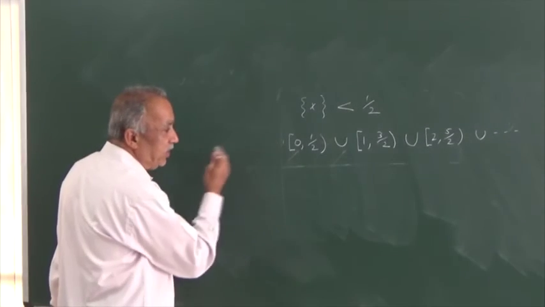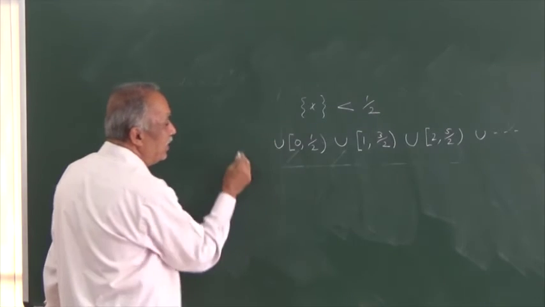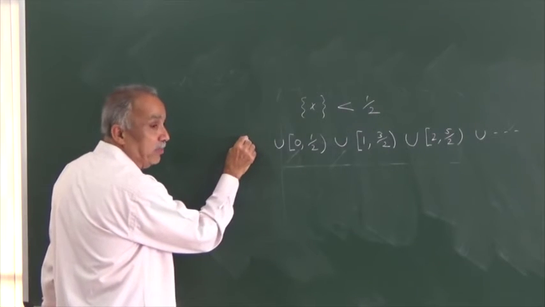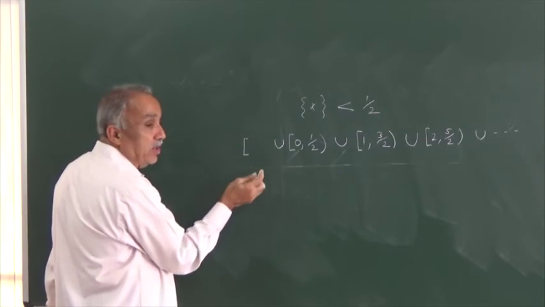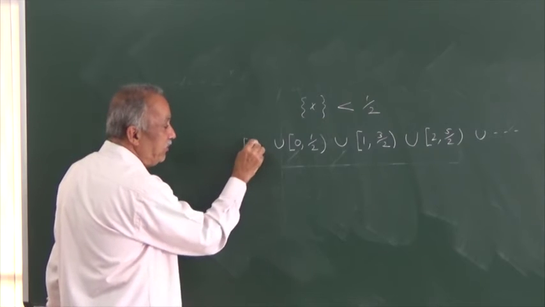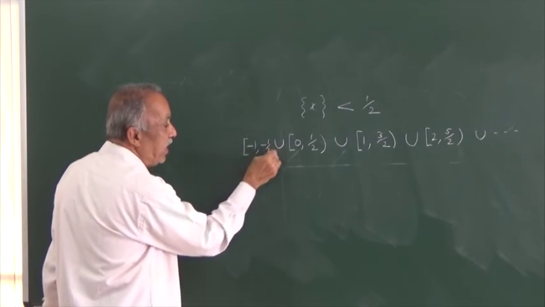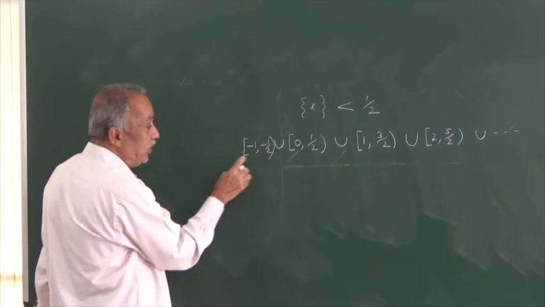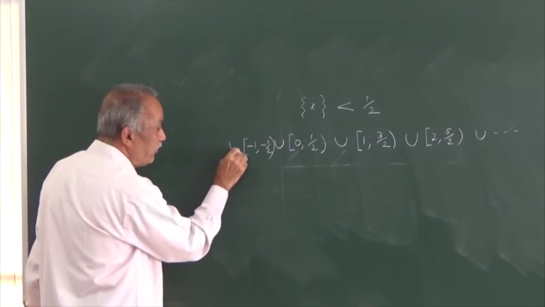And on this side of 0, among numbers between minus 1 and 0, those numbers which lie between minus 1 and minus half excluded, minus 1 included.